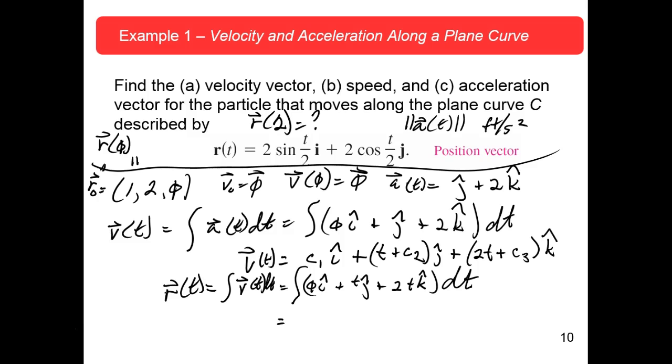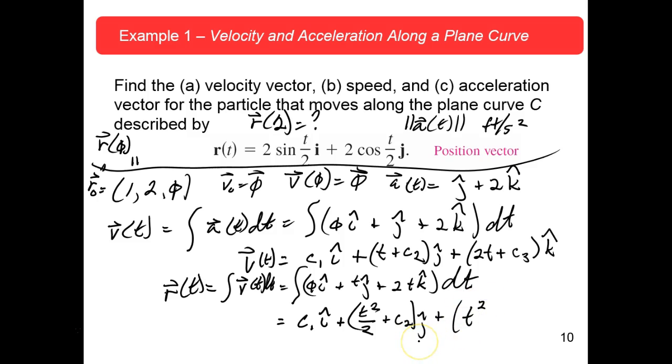Now, tell me what is the antiderivative? Okay. You want to use C1 again? It doesn't have to be the same as those, but we'll use it again. C1 i, t squared over 2, plus C2 j, plus... I think it's just t squared.